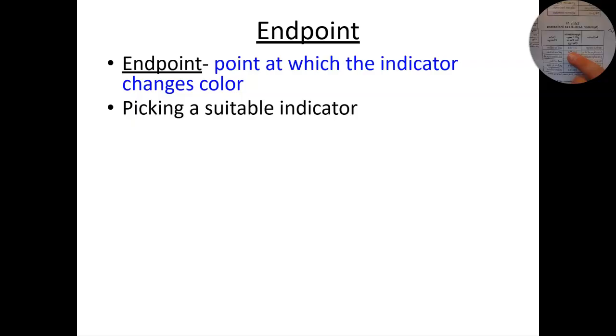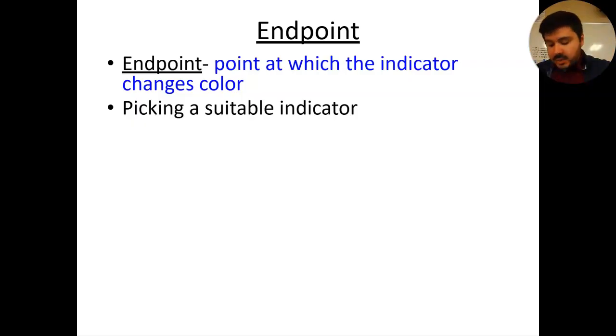Methyl orange has a pH range, which I think I can read as 3.1 to 4.4. So if this pH essentially changes from 3.1 to 4.4, this is the color change you get from red to yellow. Right, so that's essentially what occurs here. You get a red to yellow change. So that's your endpoint, the point at which the indicator changes color.